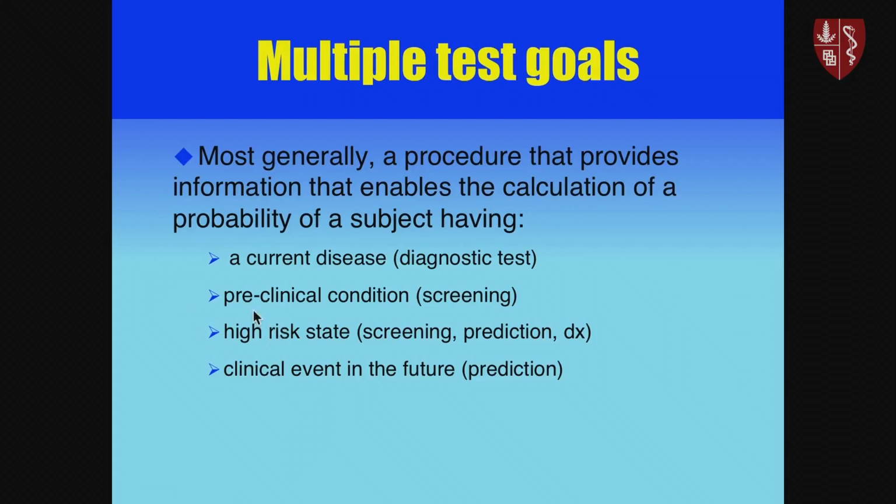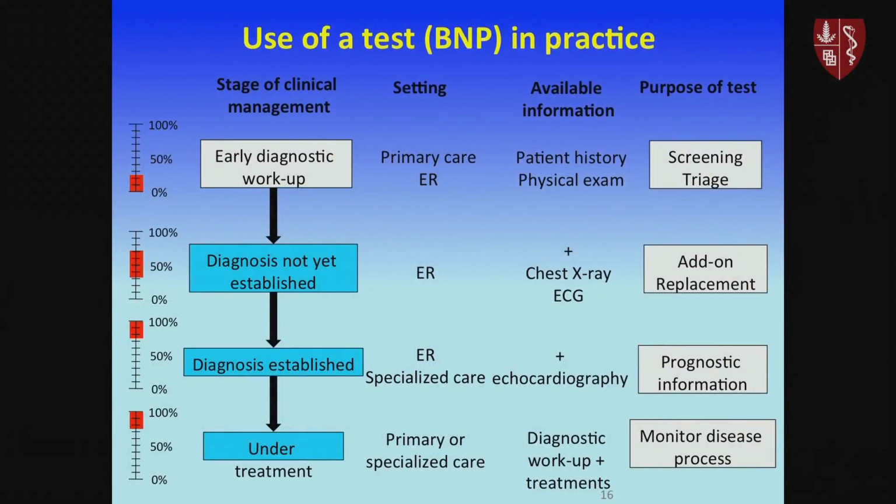It could be identifying people at high risk for some outcome, and that can fall under a screening test, prediction, or diagnostic test, or something that occurs in the future, and that's almost always prediction. So these are very, very closely related tests. They're done in different contexts, and they have some subtly different features. And here's an example of the BNP test, different uses.